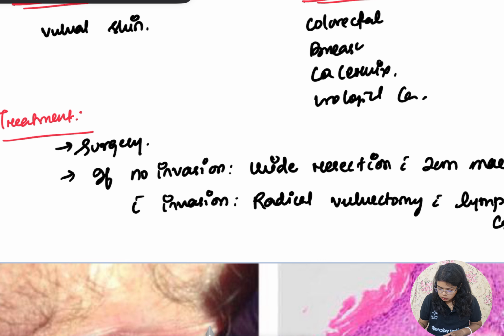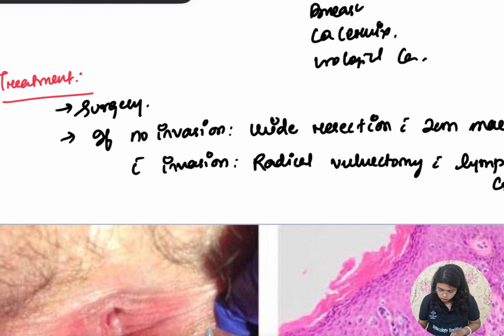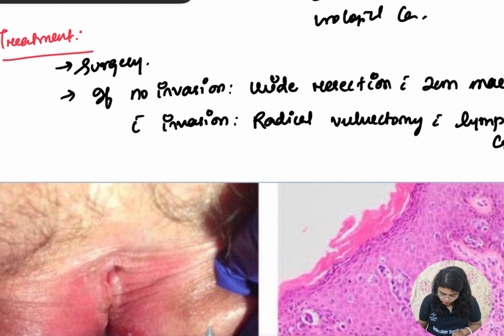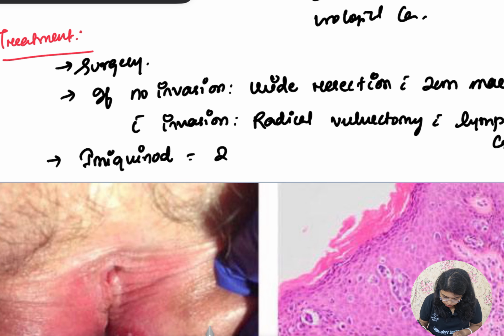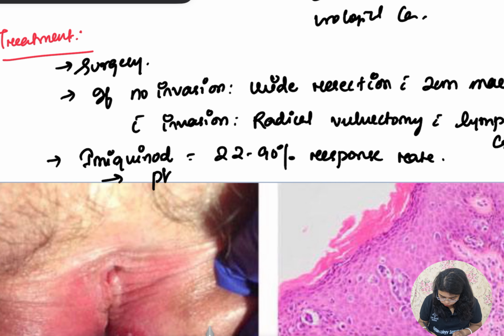That means a wide portion of the vulva is removed, and also we do the pelvic lymph node dissection, inguinal and femoral lymph node dissection, and we can also apply imiquimod. That has a 90% response rate, and also we can do phototherapy.